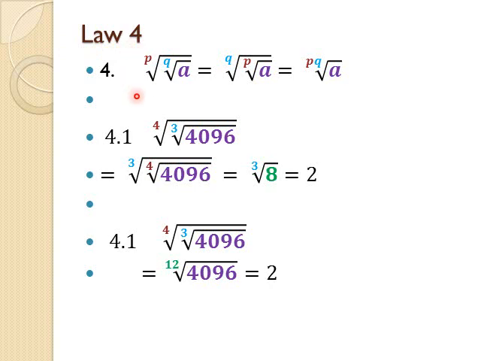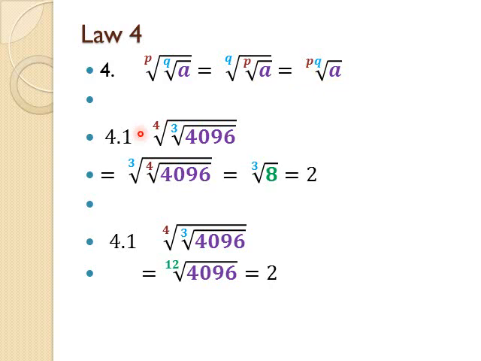So under law 4, now if we have more than one radical sign, the p root of the q root of a, we can swap p and q. So q goes outside p, and we can write it as one radical sign as p times q.